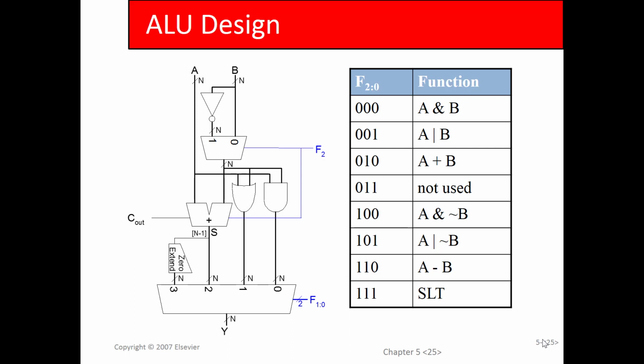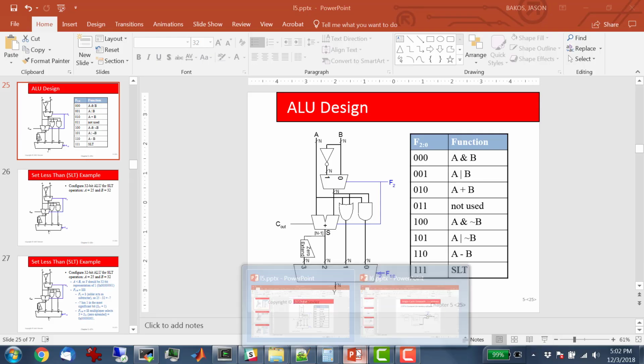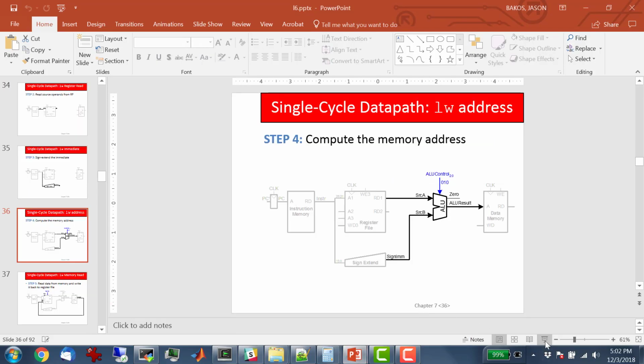So there's a 3-bit function code F, two 32-bit inputs A and B, and a Y output. That is the ALU being shown here.